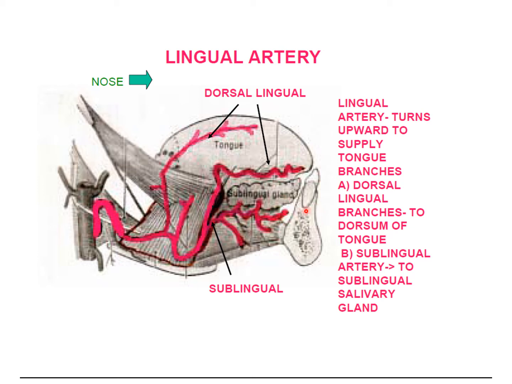So the lingual artery has several branches. The dorsal lingual to the dorsum of the tongue, the sublingual to the sublingual salivary gland, and also it has suprahyoid and deep lingual branches which provide arterial supply.